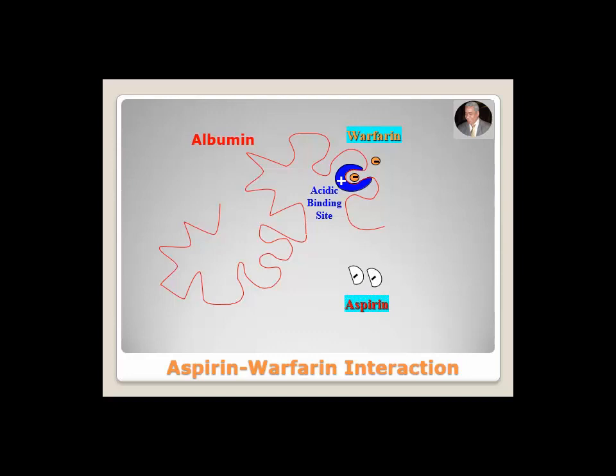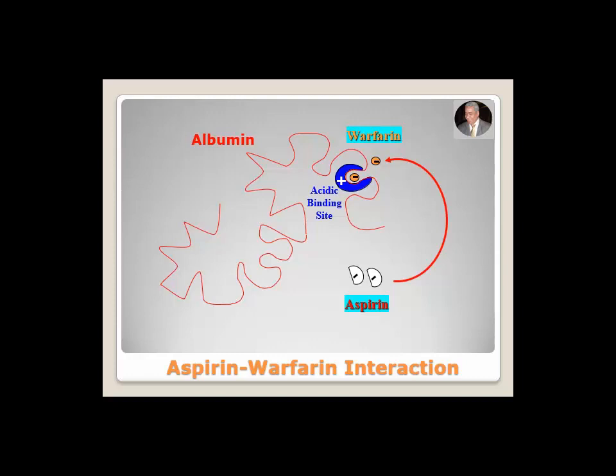Aspirin is another famous acidic drug. It tends to bind to the same acidic binding sites of albumin. However, the number of these acidic binding sites on the albumin molecule is few. Thus, some molecules of aspirin will displace some molecules of warfarin from their binding sites to occupy their place.